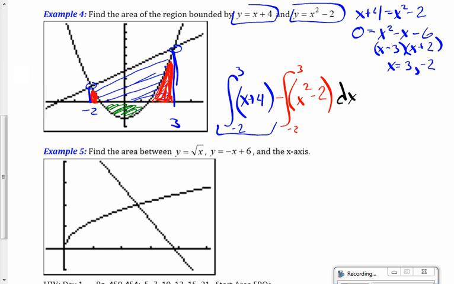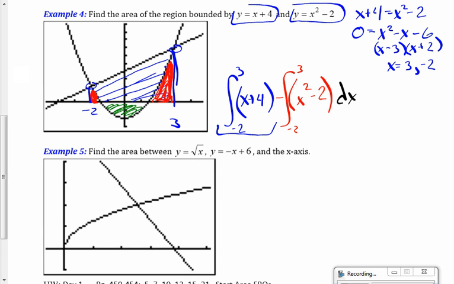Now, I think what you're going for at this point is you need to make this second portion 3 separate integrals. Are you with me on this? Okay, in theory, you're correct.